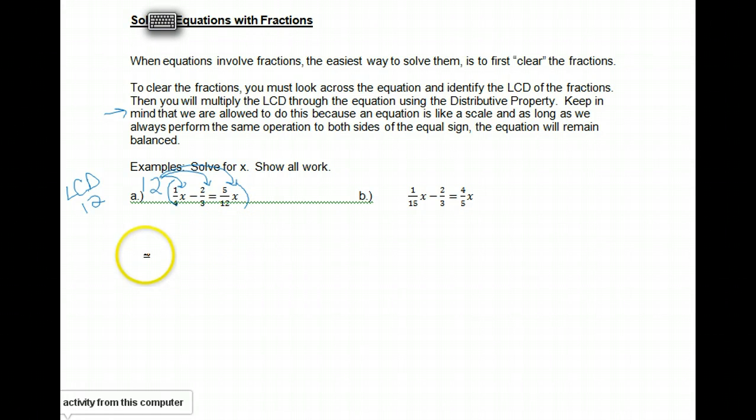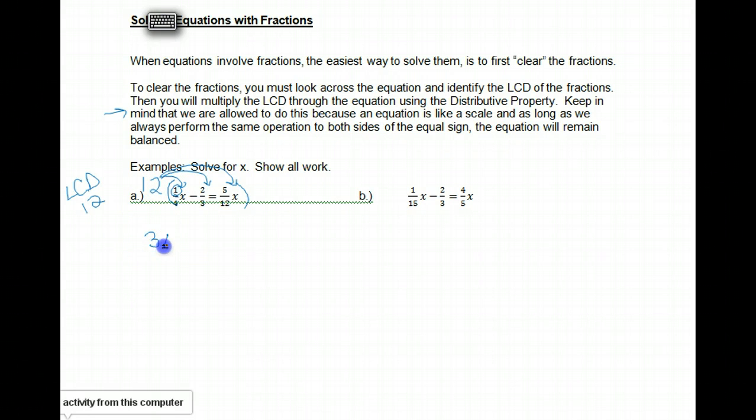Okay? Now, the way that I do it as I'm distributing is I say 12 divided by 4 is going to leave me with what? Because I'm going to allow that 12 and that 4 to cross cancel. So 12 divided by 4 leaves me with 3. 3 times 1 is 3.